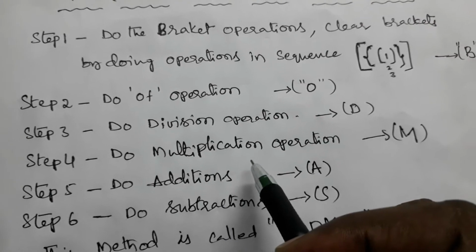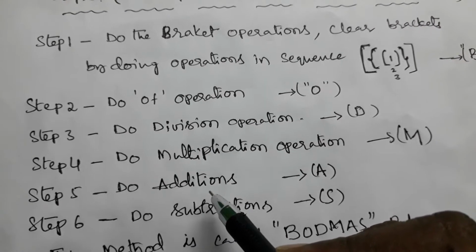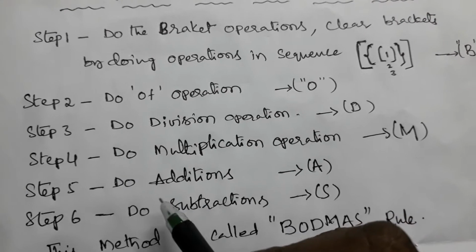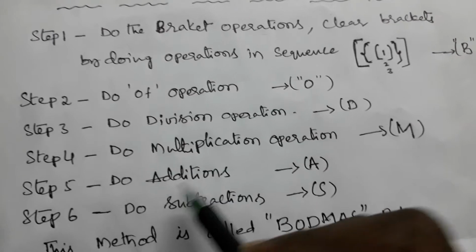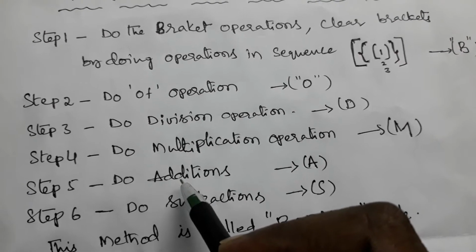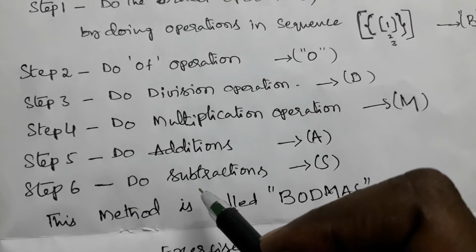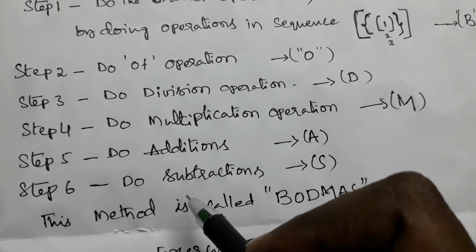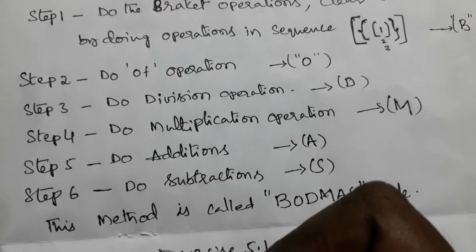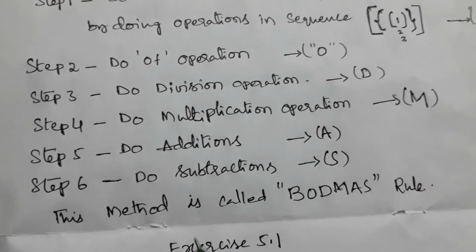After solving multiplications, go to step 5. What is step 5? Additions. If there are any additions, solve the additions. After step 5, go to step 6, that is do subtractions at the final stage. Then you will get the final result of the expression.